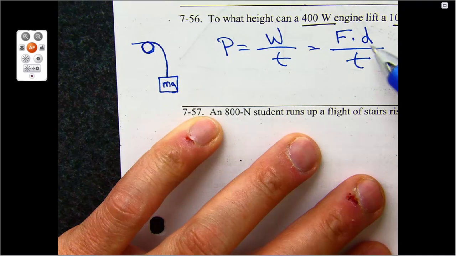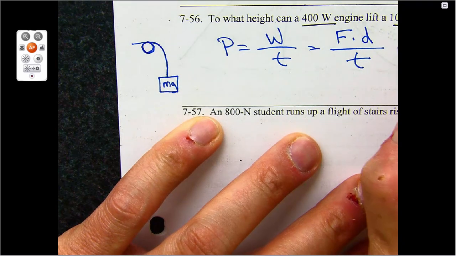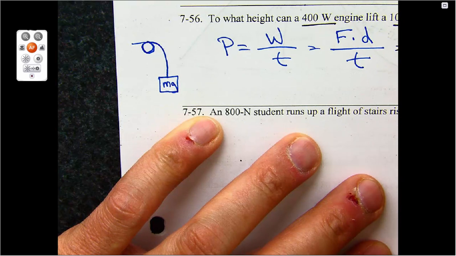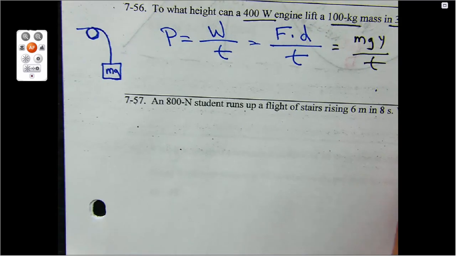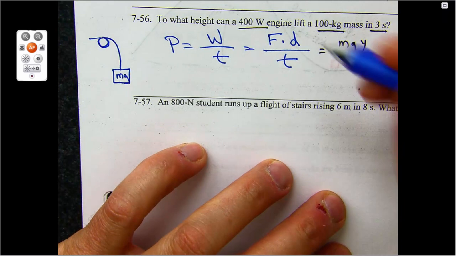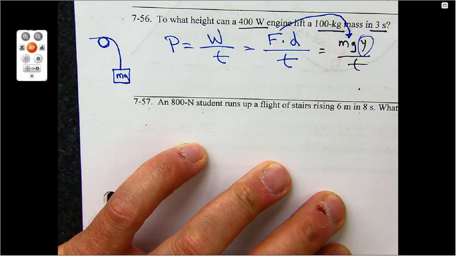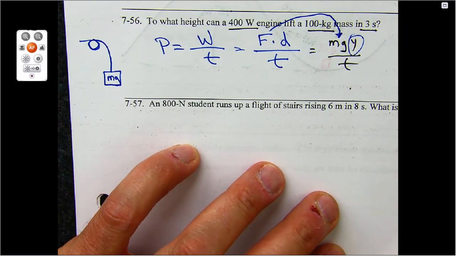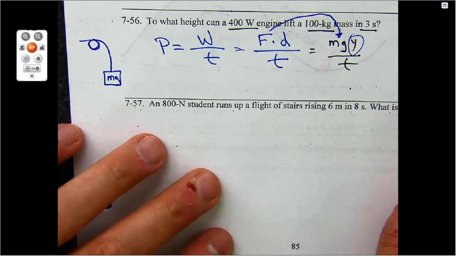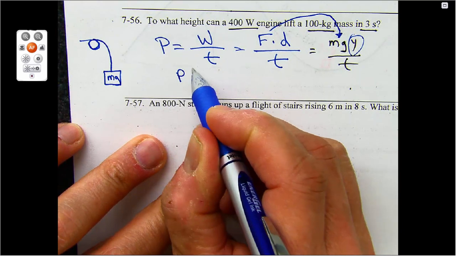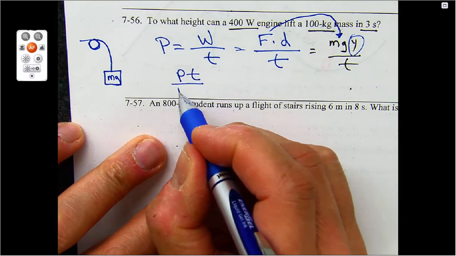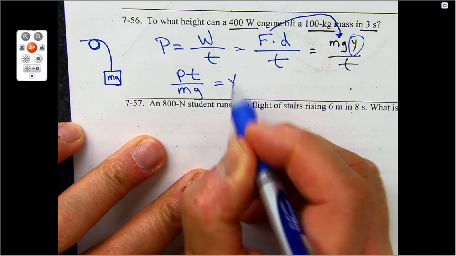And it's going to lift it up vertically, so we can substitute this in. mg, it's going to lift it up in the y direction, divided by time. This force is mass times gravity, and the height is my y. So I'm going to solve this for y, and I'm going to get PT divided by mg should equal my y.